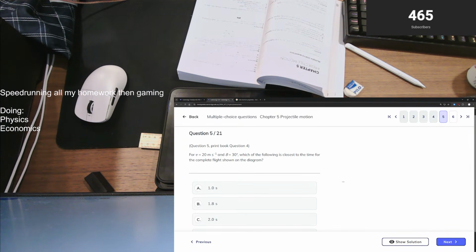Yeah, but when V equals 0, that means it's not moving anymore. Yeah, but it can't be 0 because then the equations of motion won't work because the thing's not moving anymore.